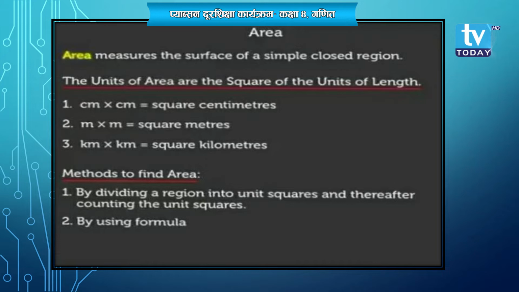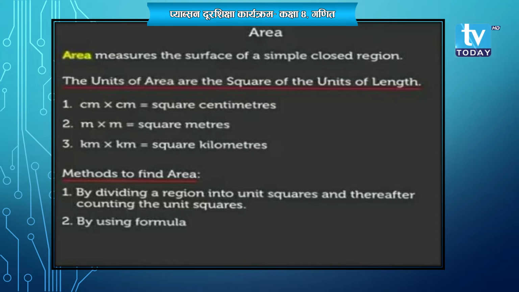Below that, it is written centimeter into centimeter, which means square centimeter. Cm is the short form of centimeter. So you have to write cm into cm equals square centimeter.